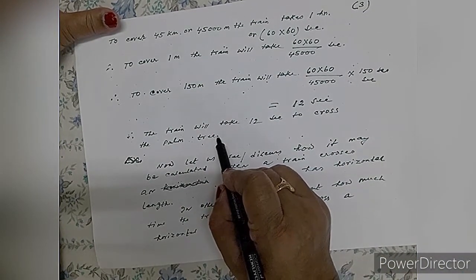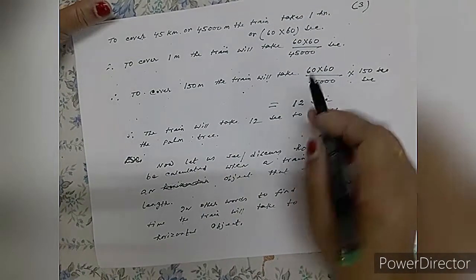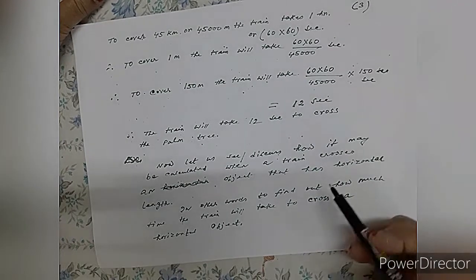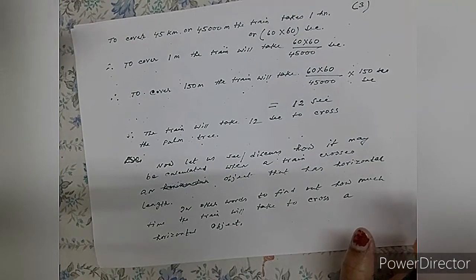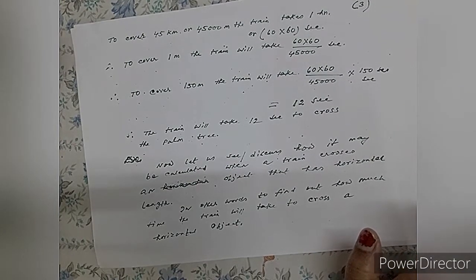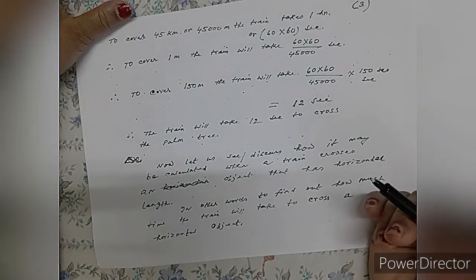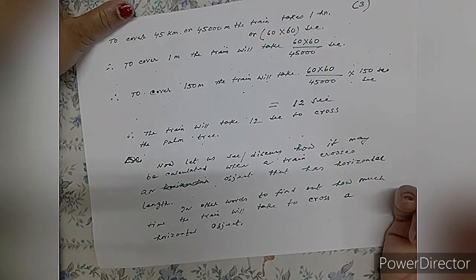Got it? Okay. So here you got a palm tree, where horizontal length is negligible, but sometimes it is not. The train cannot cross only a palm tree; the train can cross a bridge also, a platform also, isn't it?